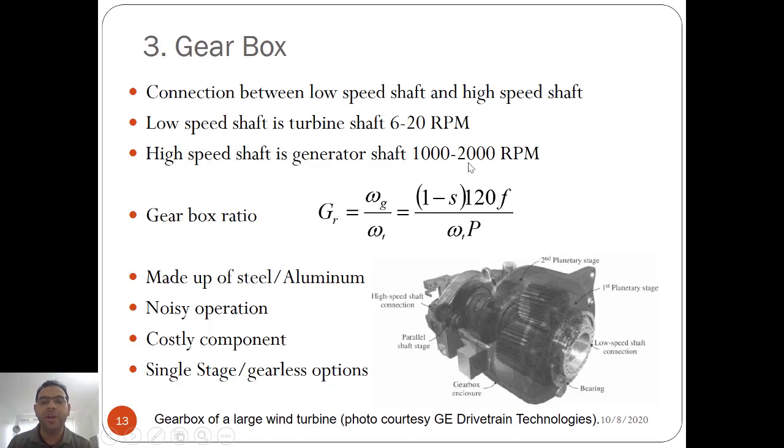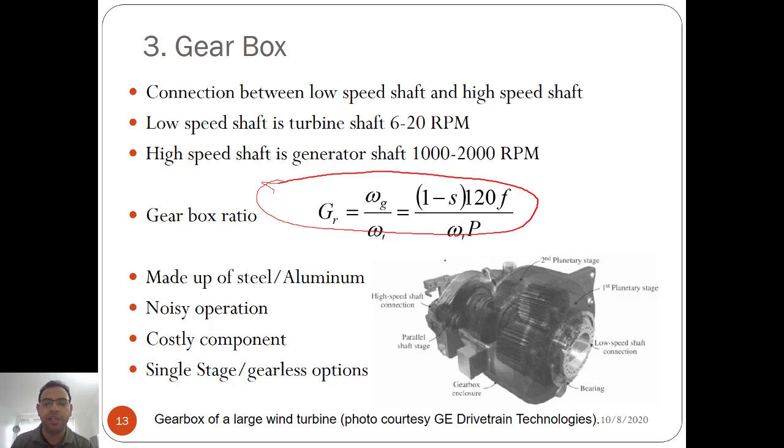As a result, we have to have a gearbox which converts this low speed into a high speed. We will discuss in our coming lectures how we generate 50 hertz or 60 hertz using generators and this gearbox mechanism.